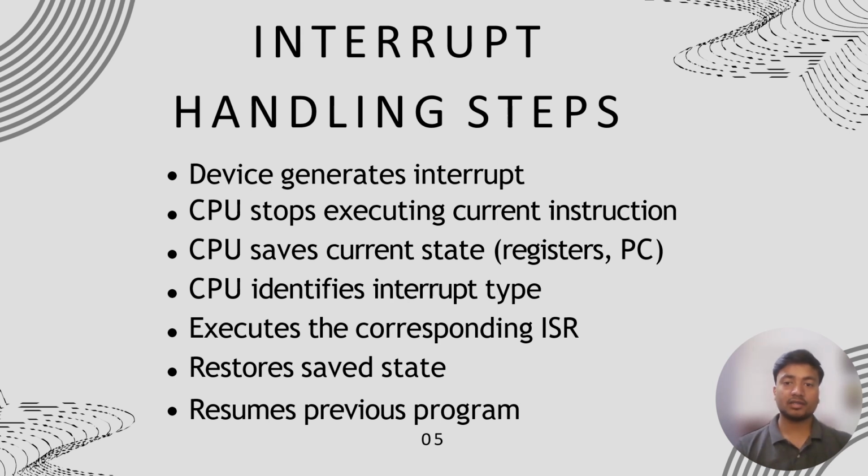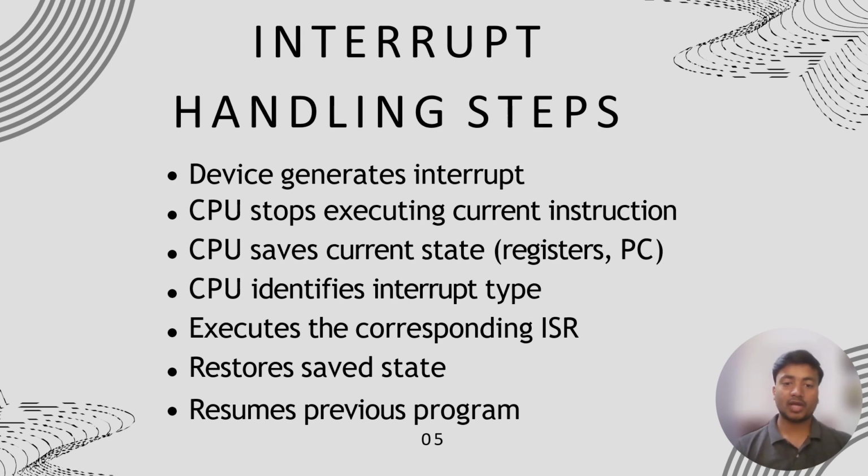Interrupt handling steps. First, the device generates an interrupt. Second, the CPU stops executing the current instruction. Third, the CPU saves the current state, registers and PC.